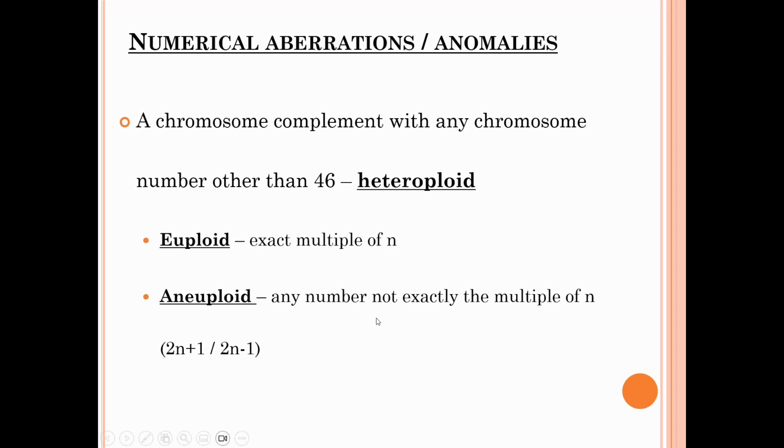Aneuploidy means any number not exactly the multiple of n. That means here there is no 2n, but there can be additionally one chromosome or one chromosome less. That is known as aneuploidy. So there can be 45 chromosome, there can be 47 chromosome.